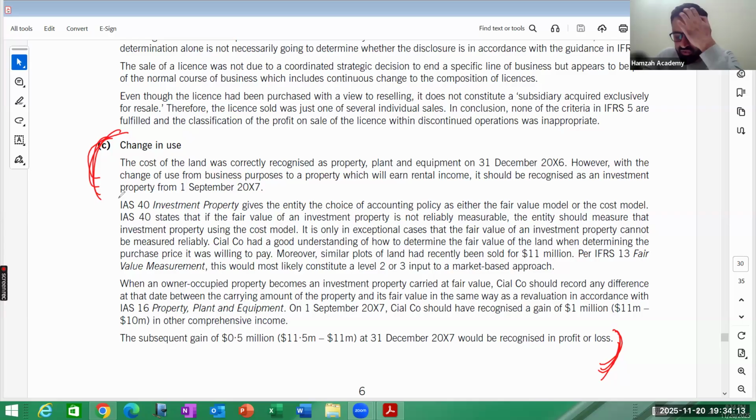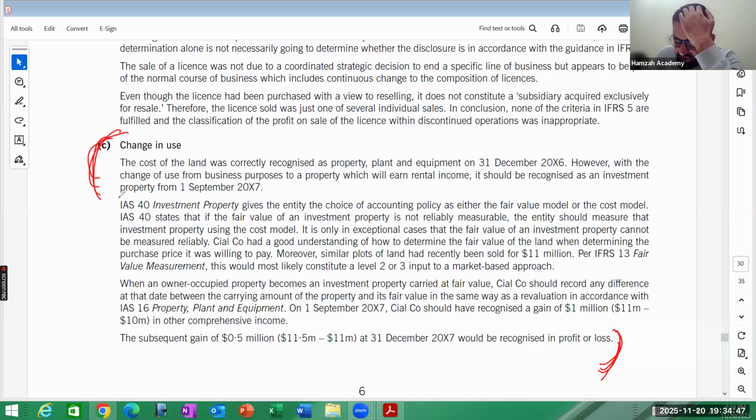The cost of the land was correctly recognized as property, plant and equipment on December 6. However, with the change of use from business purpose to property which will earn rental income, it should be recorded as investment property on 1st September. And investment property gives the choice to use cost model or fair value model. If the fair value is not reliably measurable, then the entity should use the cost model. It is only the exceptional case where the fair value cannot be measured reliably.